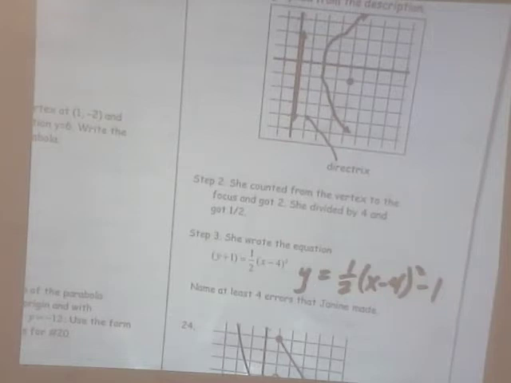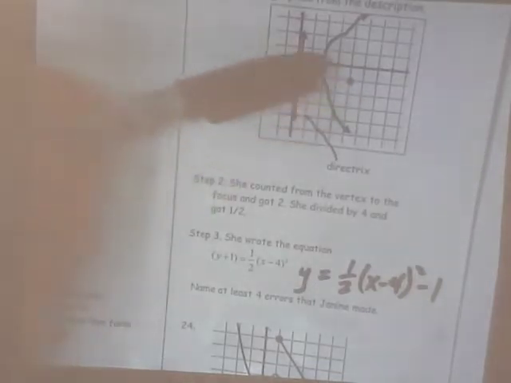Did she plug in her vertex correctly? 4, negative 1. She did, right? I don't know. It just screwed up everything when she got the directions wrong, didn't it?